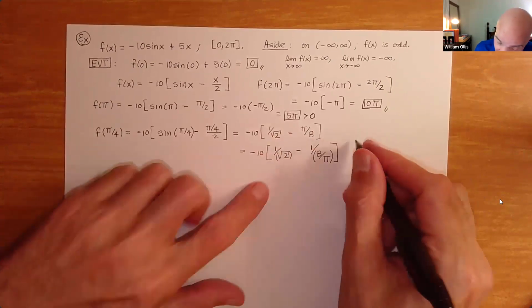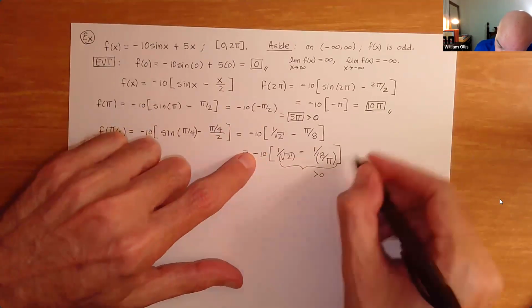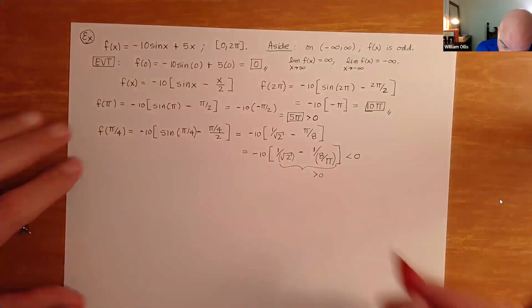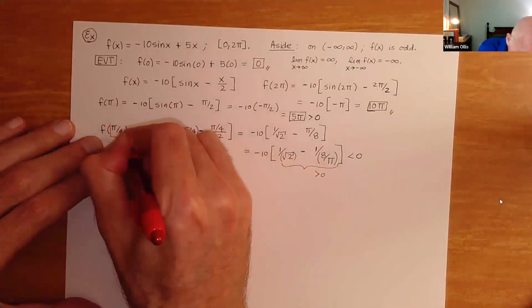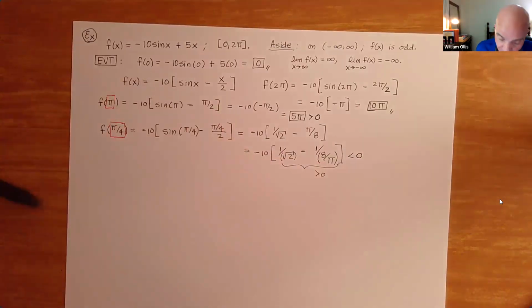So in this case, this part is positive, but made negative, so this is less than 0. So what we're seeing here is that if we look at these two inputs, they give us different signs of the output.